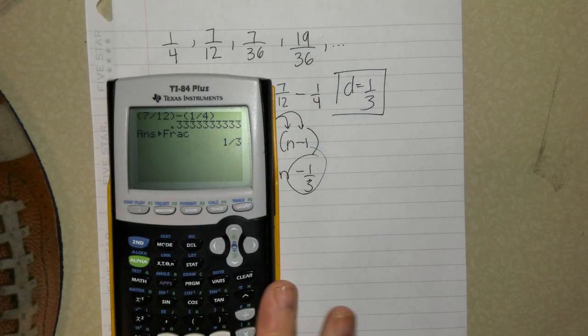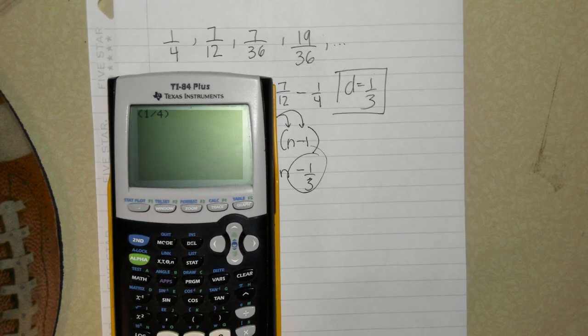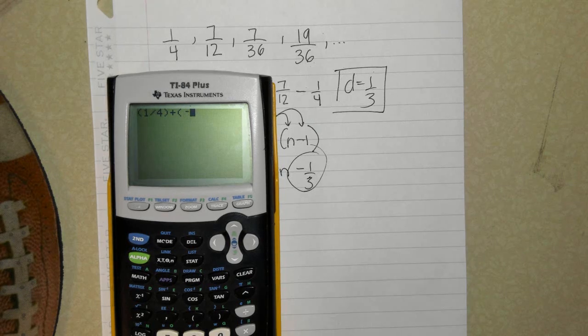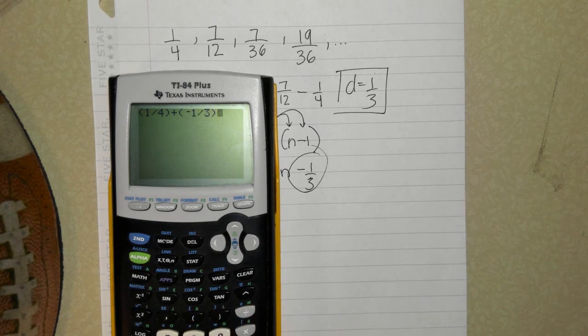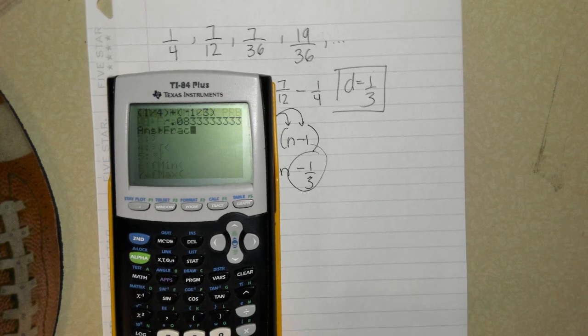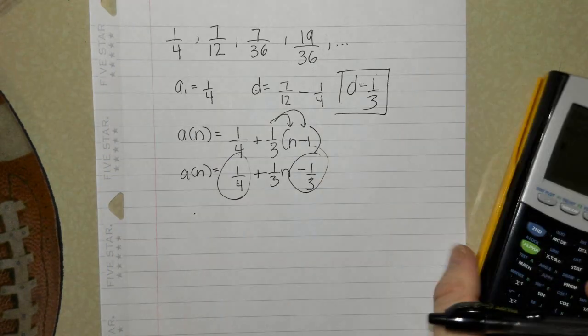Grab the calculator again, let it do the hard work. In parentheses 1/4 plus, in parentheses, the negative sign now is below the 3, -1/3. Hit enter and hit math, fraction, enter, enter. -1/12 is our answer, -1/12.